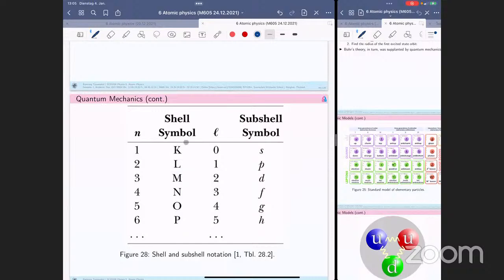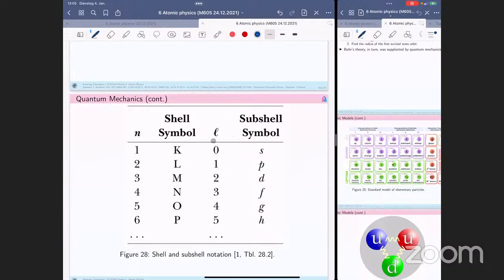And when they say the shell symbol as the capital N, you need to remind yourself that n, the small n, is equal to 4. That's the standard letter used to denote several values for n.